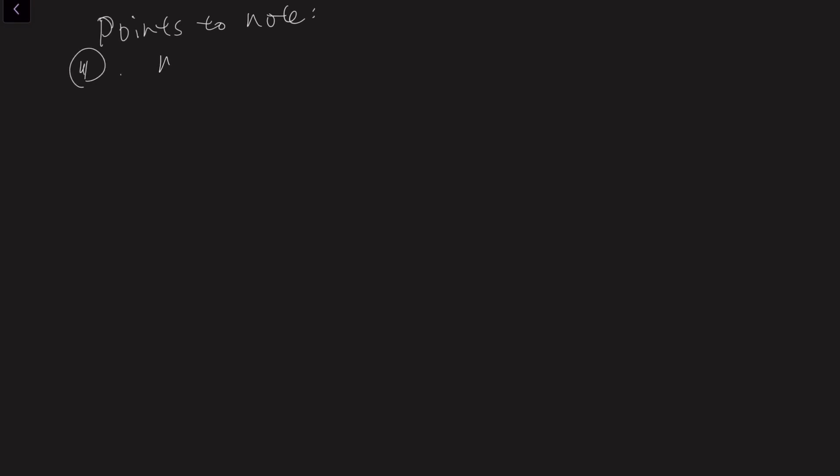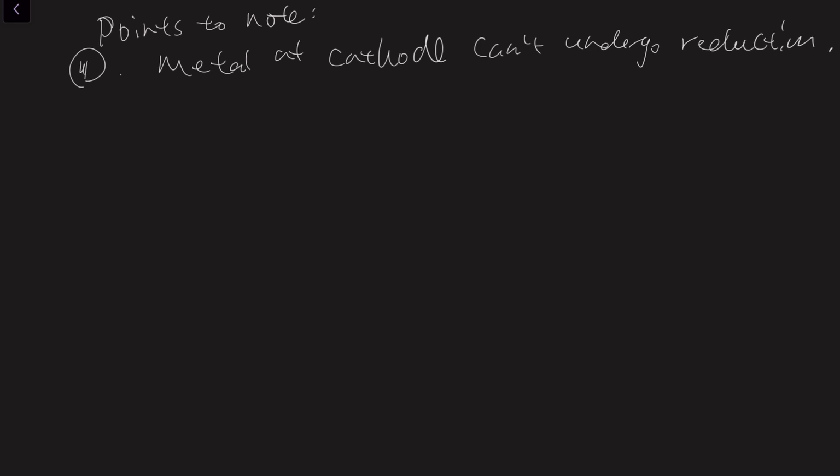So first, metal at the cathode can't undergo reduction because metal can never gain electrons.